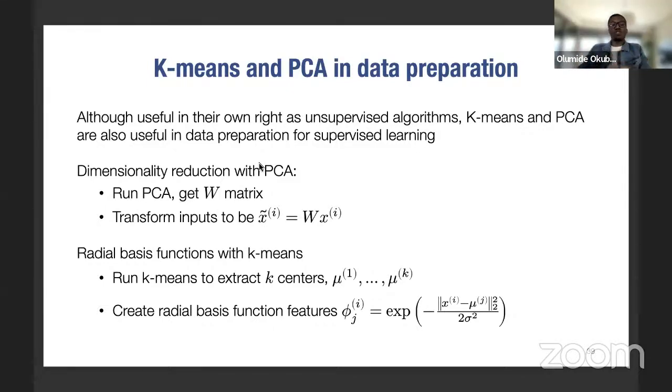But basically, you can first define K centers. After you've extracted these K centers, you can define radial basis features around each of them, transforming from the very large feature set that you have to a k-dimensional feature set represented using the radial basis features. I think this is somewhat used in support vector machines, especially when you're trying to do the kernel trick, which is a supervised learning algorithm.